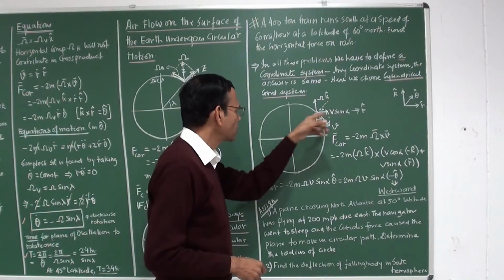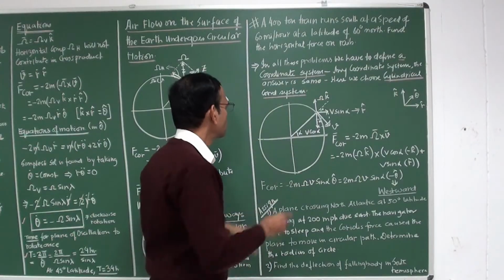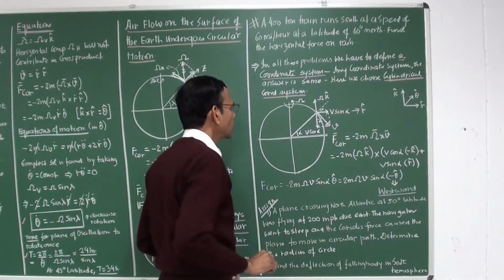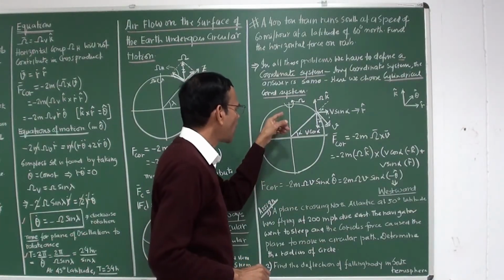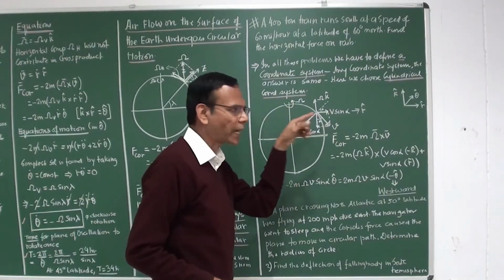R is along this direction. As you see, this is the axis of rotation. So R cap is away from the axis.